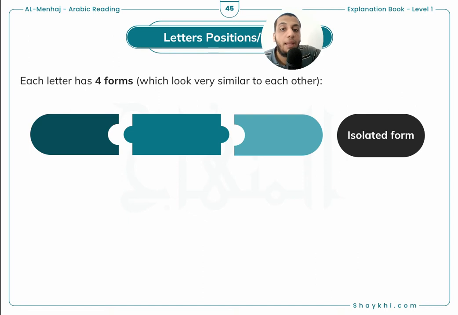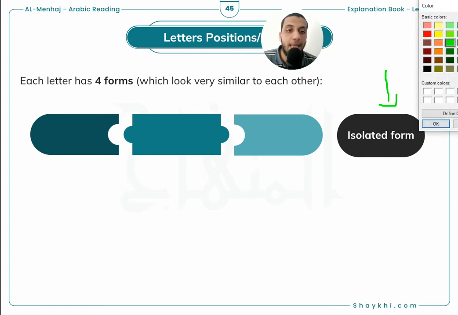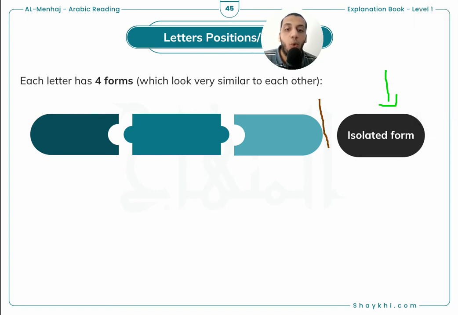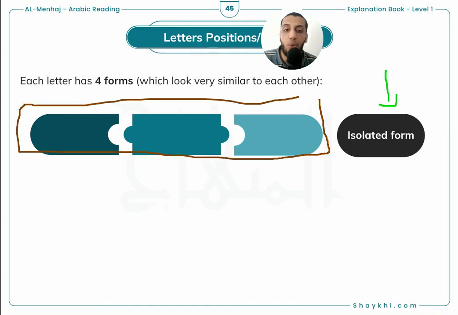It means this letter is not in a word, because if it is put in any word, it will take a different shape. So the isolated form is for letters that don't come in any word, and the other 3 forms are for when the letter is in the word.